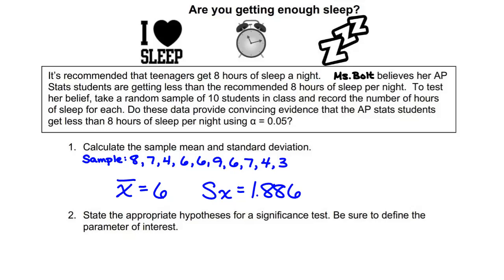All right. I want to know if the data collected from my sample provide convincing evidence that AP Stat students get less than 8 hours of sleep per night at the alpha equals 0.05 level. So I want you now to write down appropriate hypotheses for that and define your parameter.